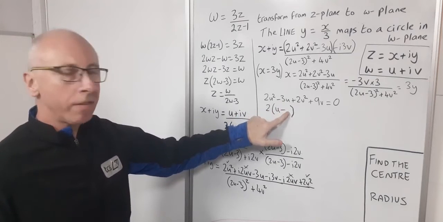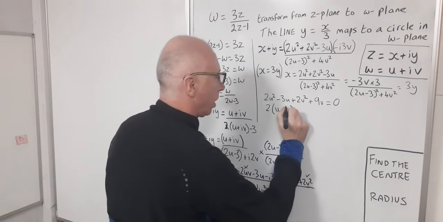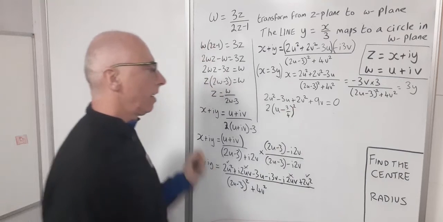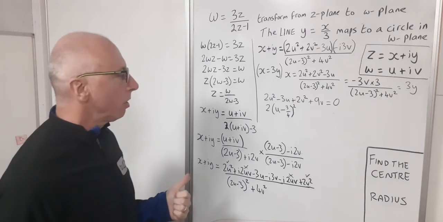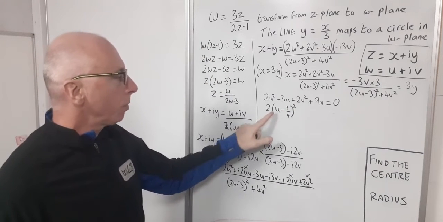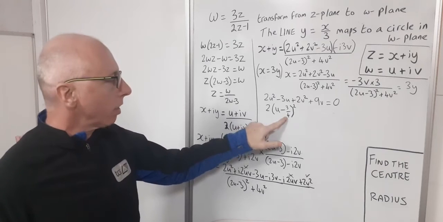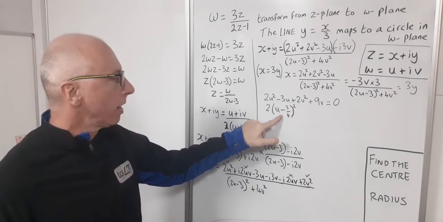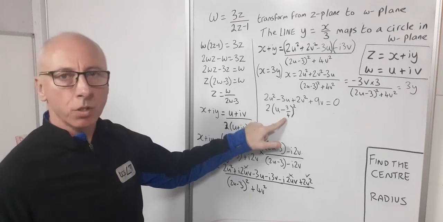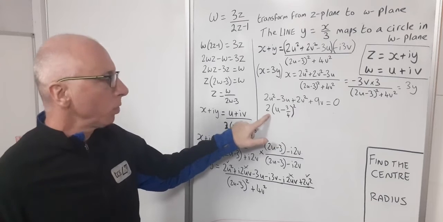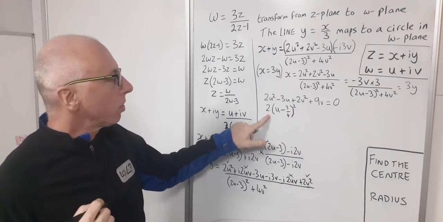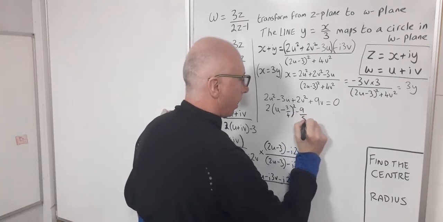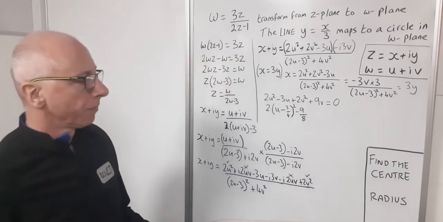But as I'm going to square it, I want 3 over 4. So 3 over 4, and then square that. And now I need to put in a magic number to allow for multiplying this out, because I will gain 9 over 16 by multiplying that out as a square. So I now need to subtract 9 over 16, but I've multiplied by 2, so I need to subtract 9 over 8. So that takes care of that.